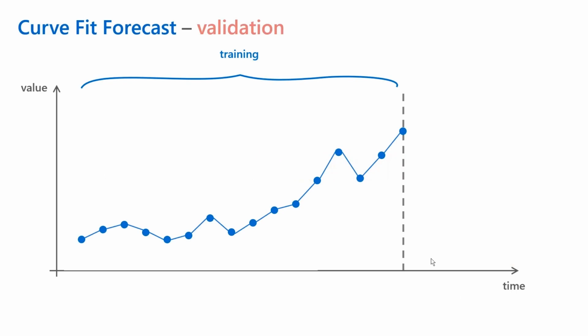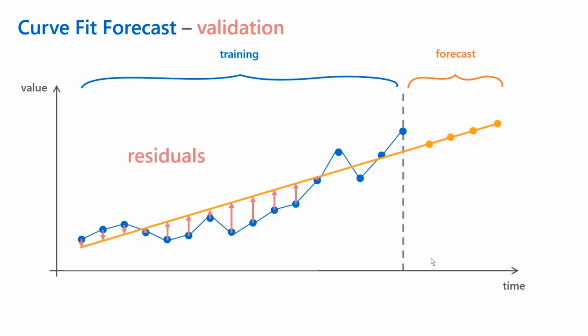Recall that the known data, the observed data, in each of the time series is known as the training data, and that the tool fits a model to the data, a line in this example, and then uses that model to create the forecast. Of course, the model doesn't fit the data perfectly. How far off the model is, either under-predicting or over-predicting, is called the residual. There's a residual at each time step.